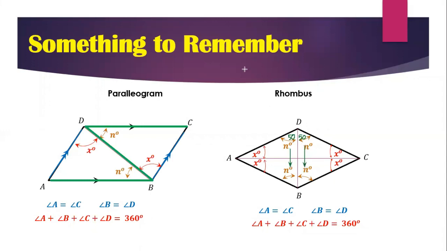With the same number, it will be equal. 50 degrees and 50 degrees. So totally here is 100 degrees and this one 100 degrees.